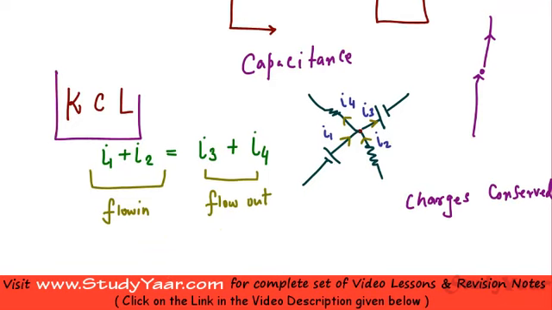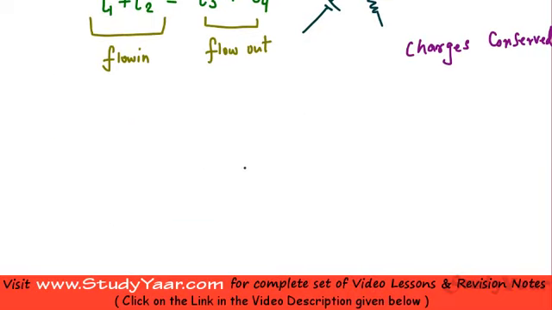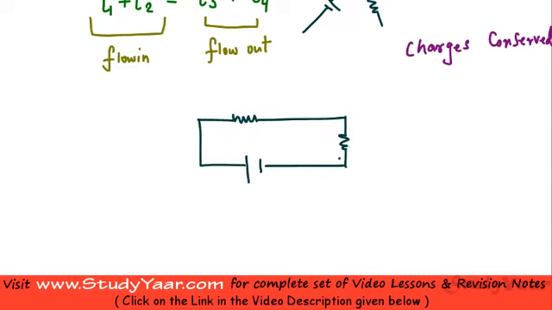Just understand, when we say that a set of resistors are connected in series, let's say something like this, we are saying they are connected in series, which means the same current is flowing through them. So this same current concept basically comes from your KCL.